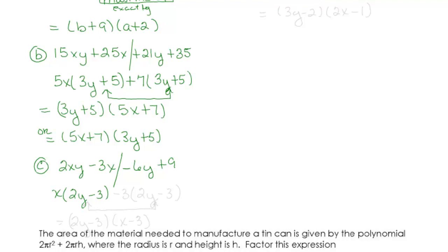Think of it as a separate part of this question, because if you have a negative first term, you want your GCF to be negative. So it's going to be negative, but negative what? 3. When you divide a negative into each of those terms, the signs change, but you're still going to get 2y minus 3.